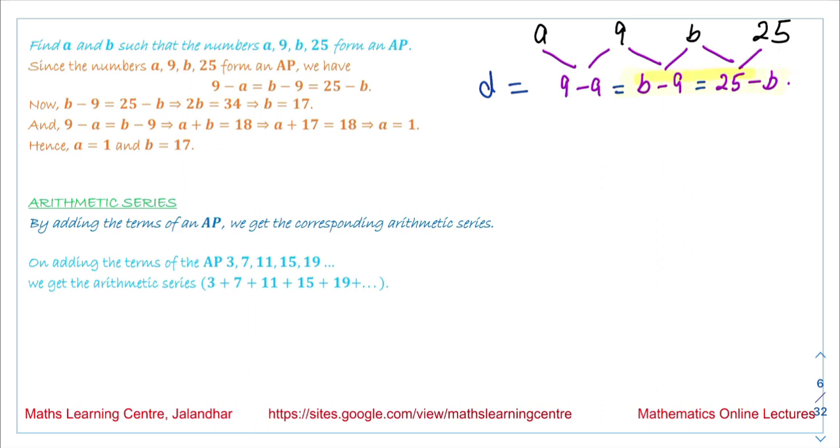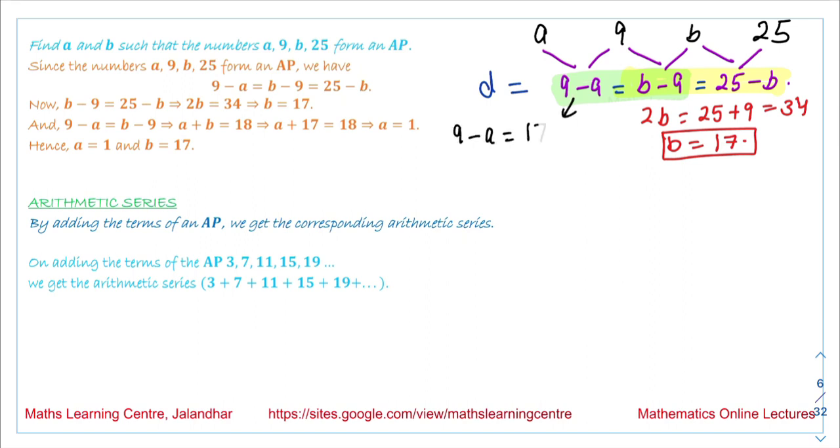Now from the last two terms we get that 2B is equal to 25 plus 9, that is equal to 34. So the value of B is 17. From the first two terms we have 9 minus A is equal to B minus 9, that is 17 minus 9.